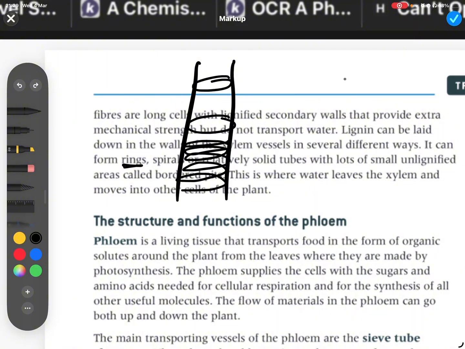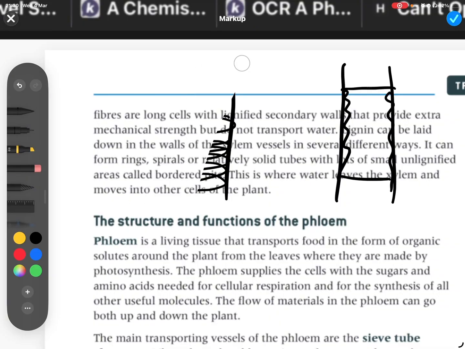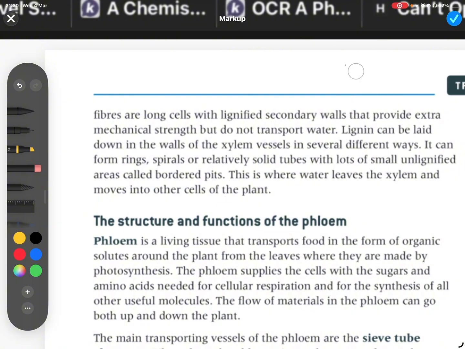There, that's the xylem, and then you've got tubes of lignin all the way. All that does is make it a bit stronger and waterproof. So the water just flows up the xylem. It doesn't leave the xylem, it doesn't osmose out. It just goes up.